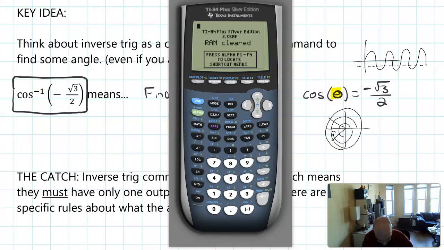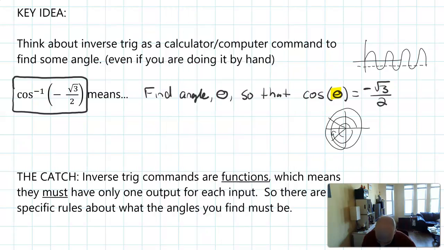If I do this on a calculator, we need to only get one answer. We can't get multiple answers from a command like this. And in fact, we do only get one. So we need to understand how this calculator that is also us decides what number to give back. How does it know?